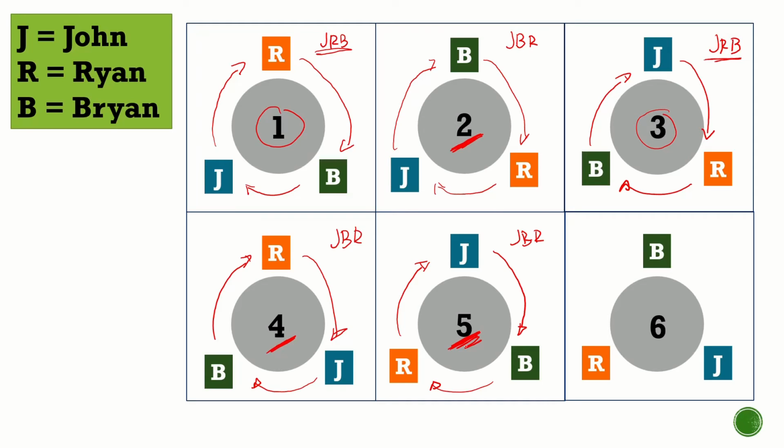So arrangements 2, 4, and 5 are considered just one because technically speaking, they're the same, because of the circular arrangement. How about the sixth one? We have John, Ryan, Brian, and then Ryan to John. That is the same as John, Ryan, Brian, which is the same as the first and the third arrangement.